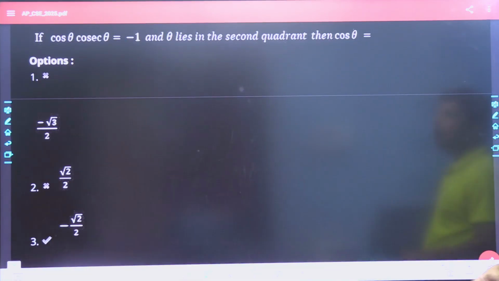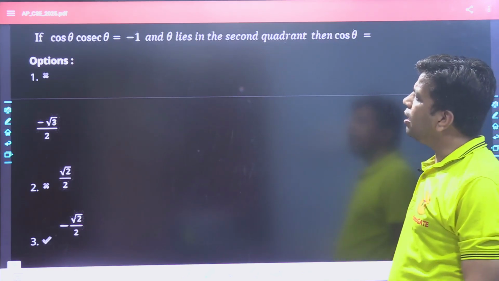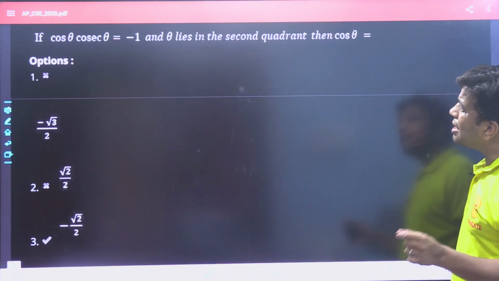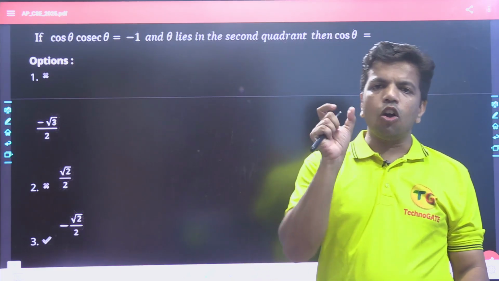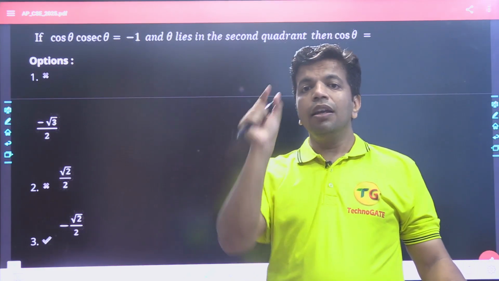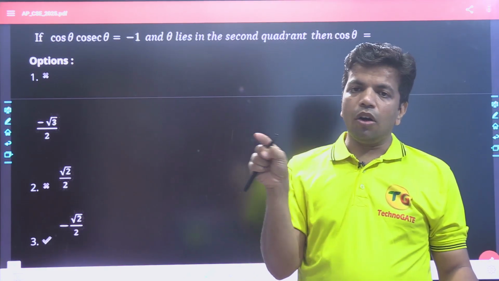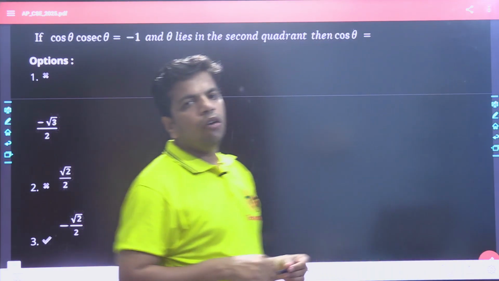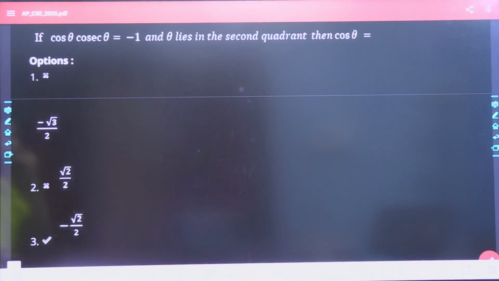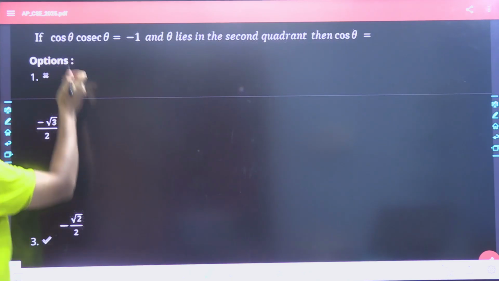Cos theta, cosec theta lies in the second quadrant. That is, cos theta lies in the second quadrant, not the first quadrant. So what is the value of cos theta? Let's see.